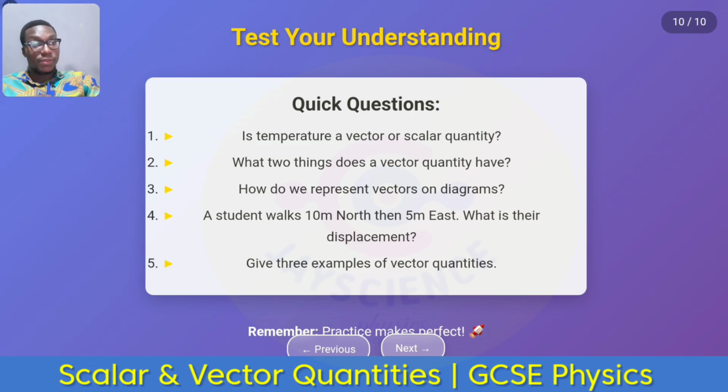Question 4. A student walks 10 meters north, then 5 meters east. What is the displacement? All you need to do is take your ruler and draw an arrow northwards 10 centimeters. At the base of that first arrow, that is vertical, draw another one pointing to the east and represent that with 5 centimeters length.